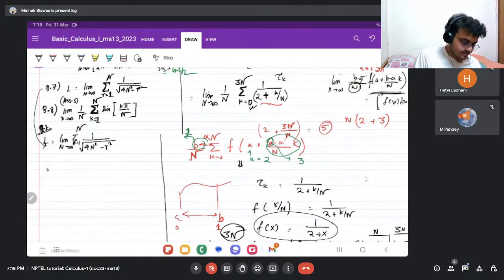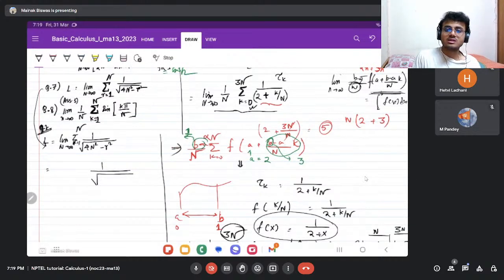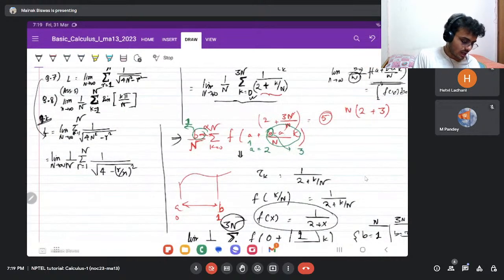You take n common to have a summation like this, right? We have already seen a summation like this, 1 by n f of a plus k by n. So it is 1 by n, under root 4 minus r by n whole square, and you will have a summation of r is equal to 1 to n. This is one line, there's nothing to think, you need not even have to plot.